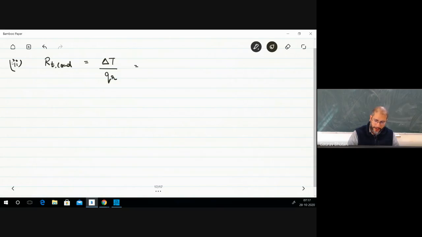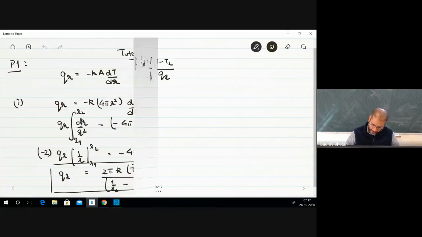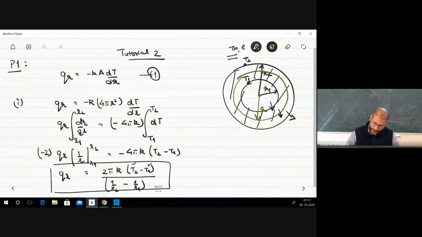Delta T is nothing but T1 minus T2. So if I go back, I already have my T2 minus T1, so that's my delta T, and this is my current.